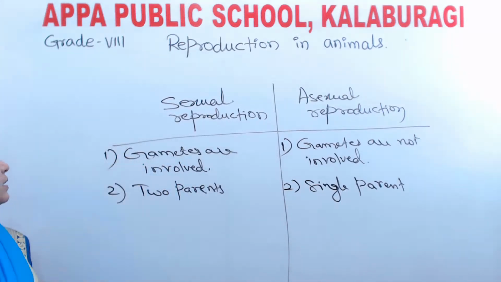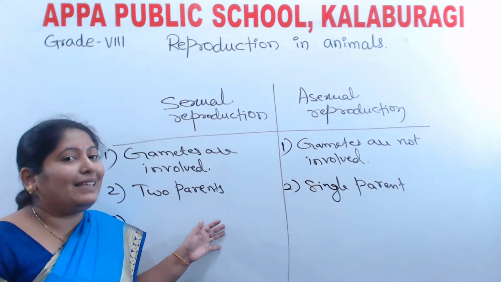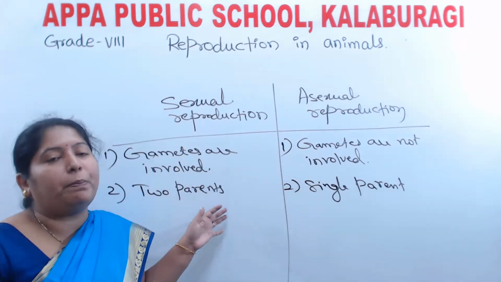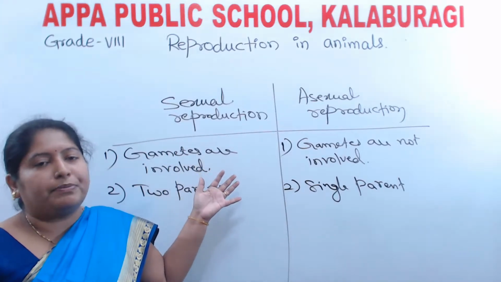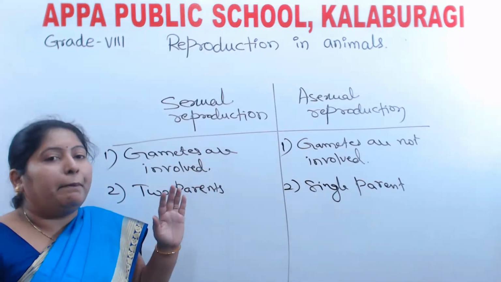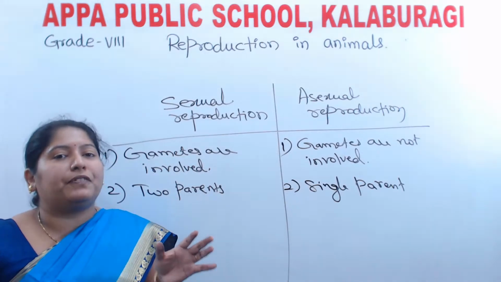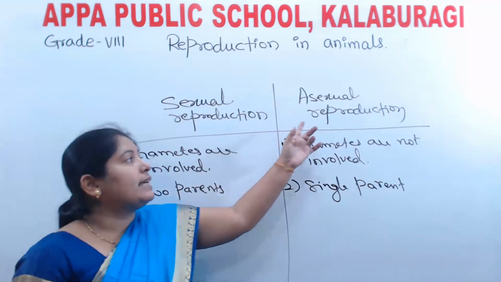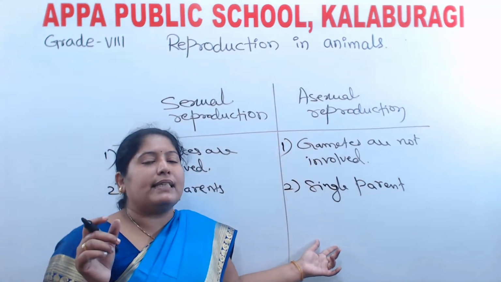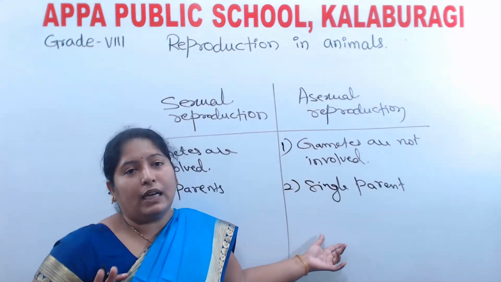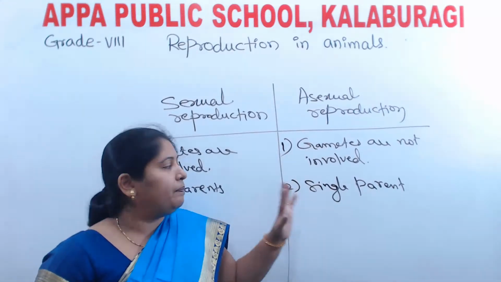Then coming to the third point, in sexual reproduction, offspring is not necessarily the exact copy of the parent. Offspring in sexual reproduction may not be an exact copy of the parent, but in asexual reproduction, offspring is exactly a similar copy of the parent. Right?